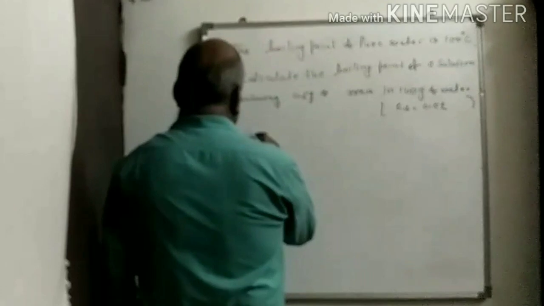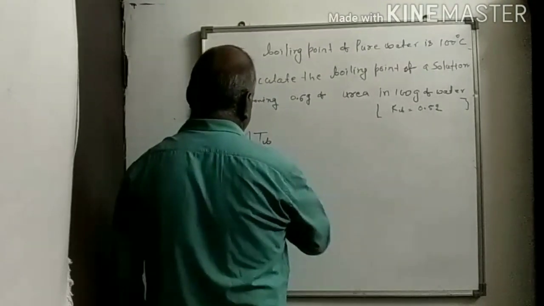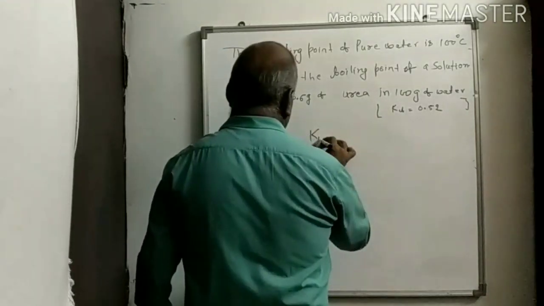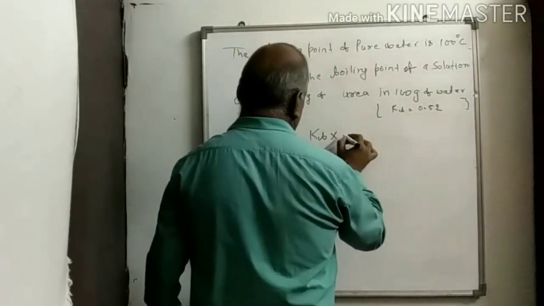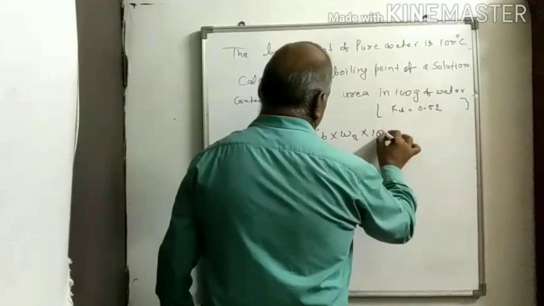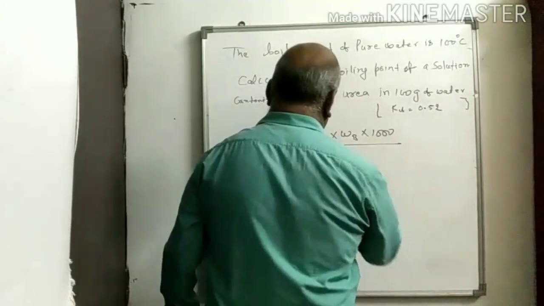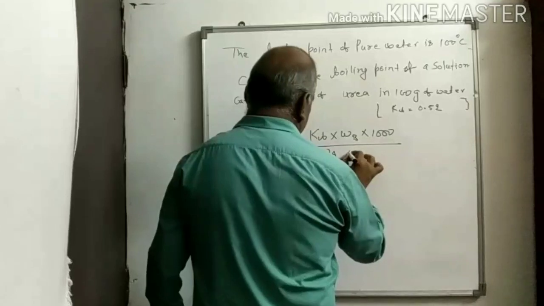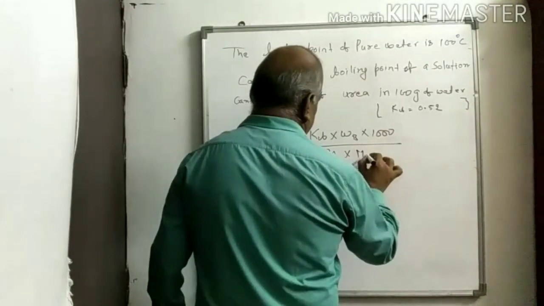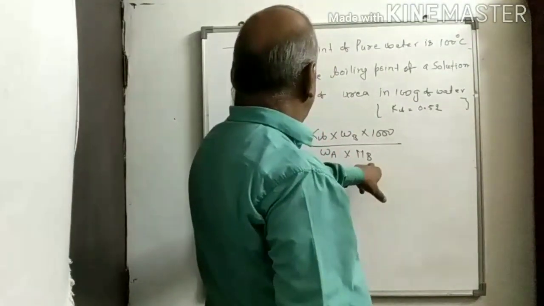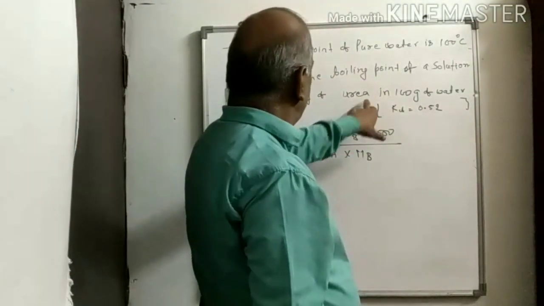How to solve this? Delta Tb is equal to Kb into Wb into 1000 upon Wa into Mb. At first, we have to calculate the molar mass of the compound urea.